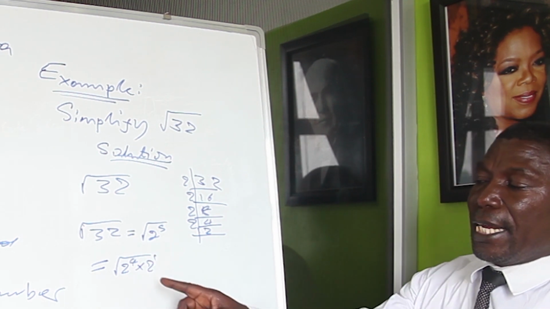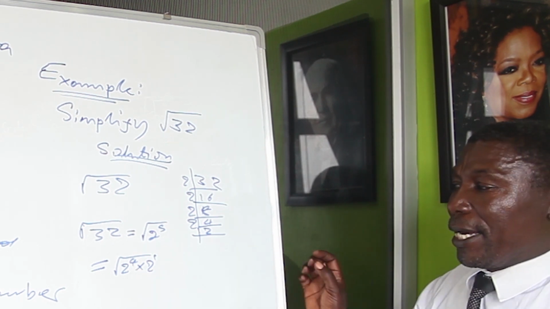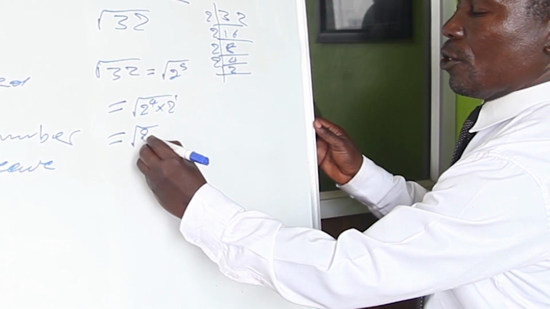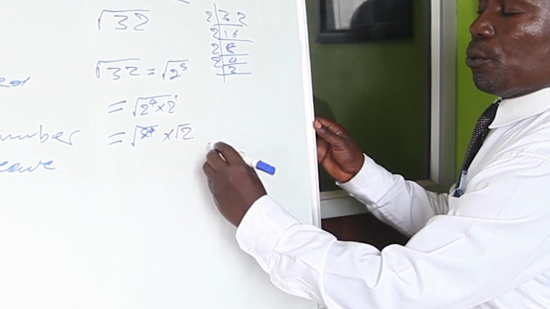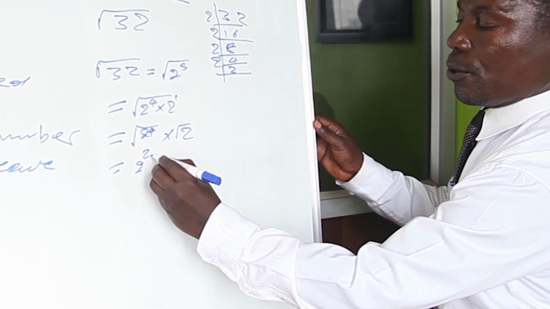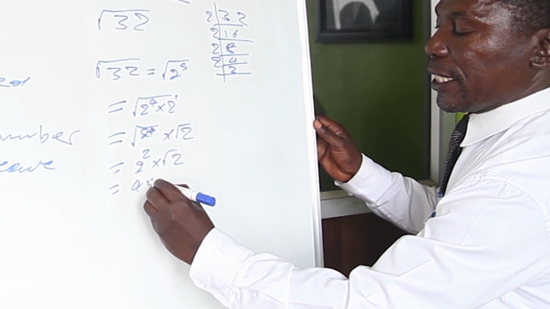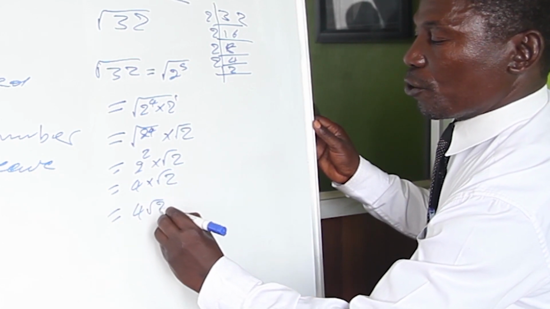Now this 2 power 4 is an even power, so this will be 2 power 2 times the square root of 2, which is 4 times the square root of 2, giving us 4 root 2.